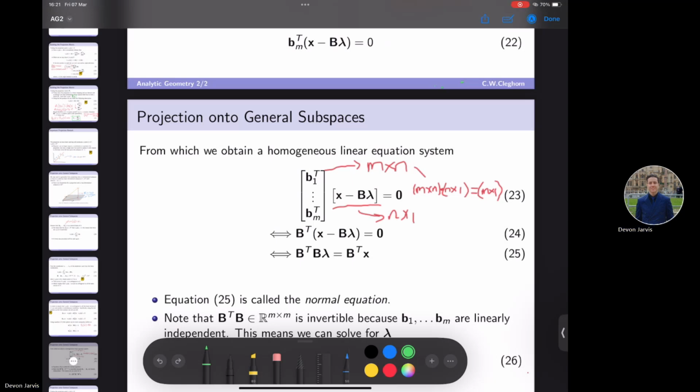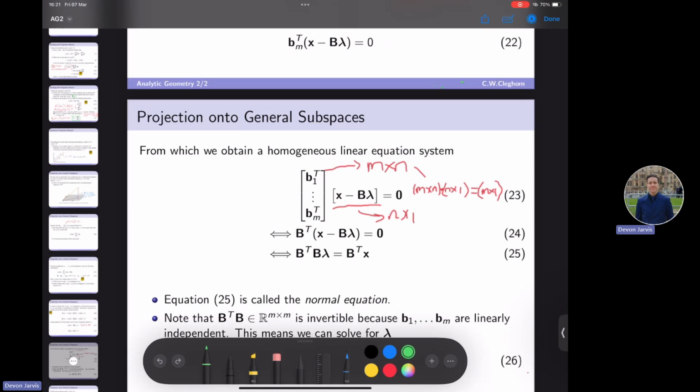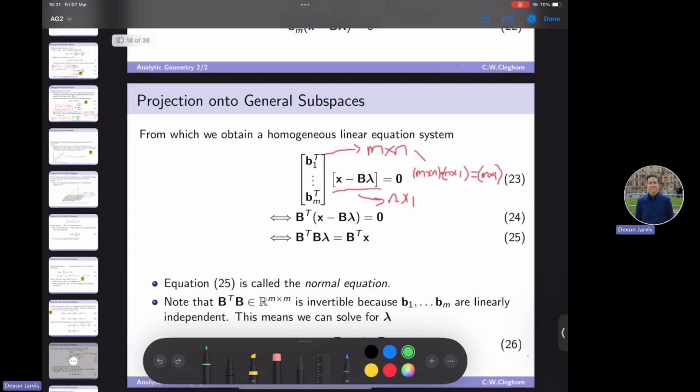It's embedded in Rn, so that's where the n comes from, right? So what you said is correct. I just like saying that the subspace is embedded in Rn. It means there's this plane sitting in n-dimensional space, but there are only m of those basis vectors. So you're correct.